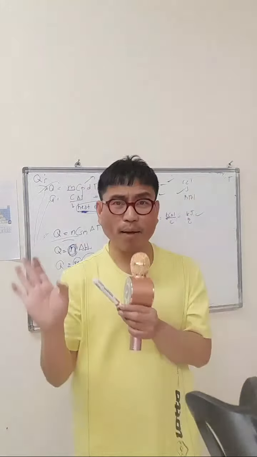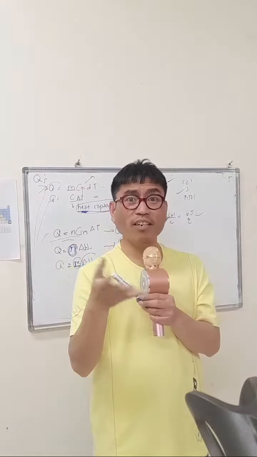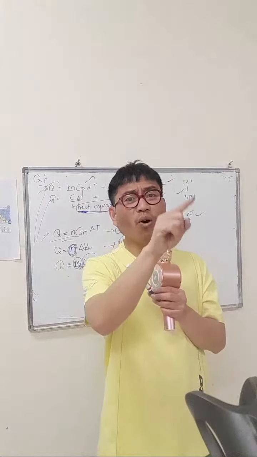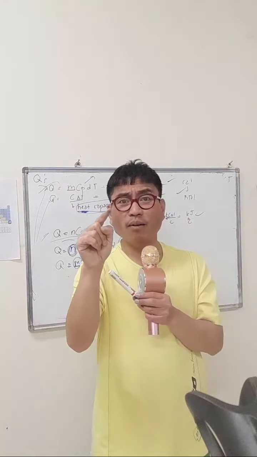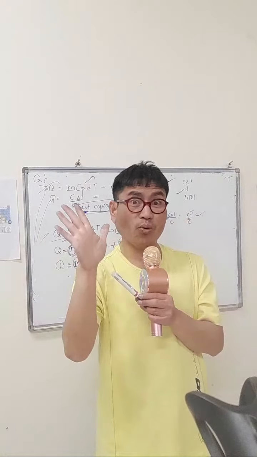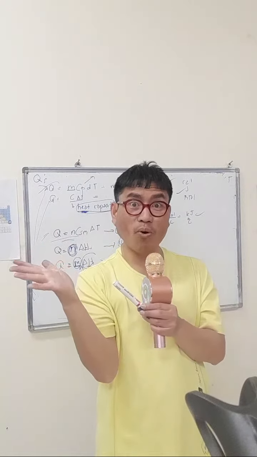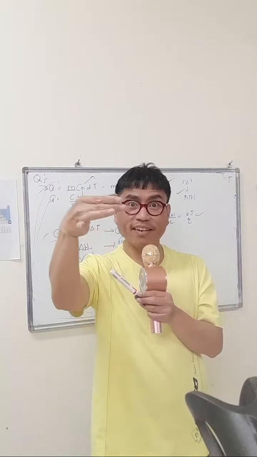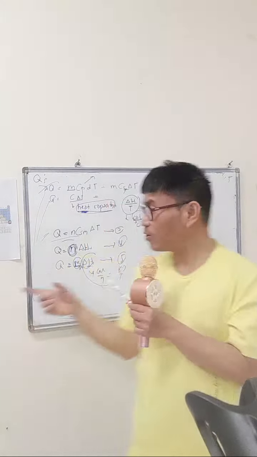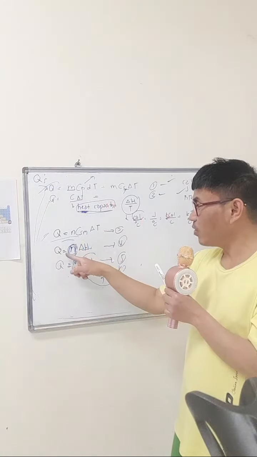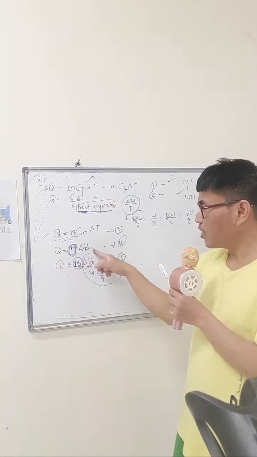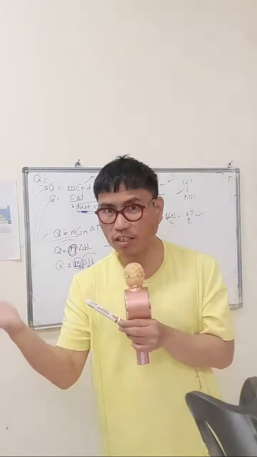Since my problem doesn't mention the mass, only the moles, because 1 mole of H2O solid is equals to 1 mole of H2O liquid. Even though I will not say verbally the mole, it can be reflected in the phase change mole. So that is 1 mole. So use the molar. Q is equals to N times delta H. So your delta H will be vaporization.